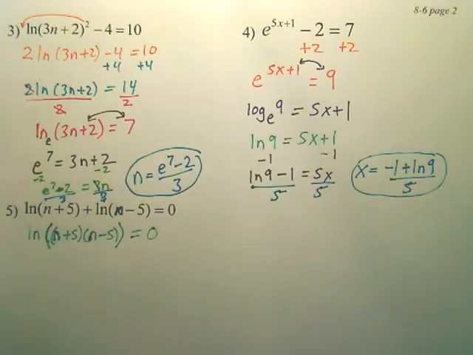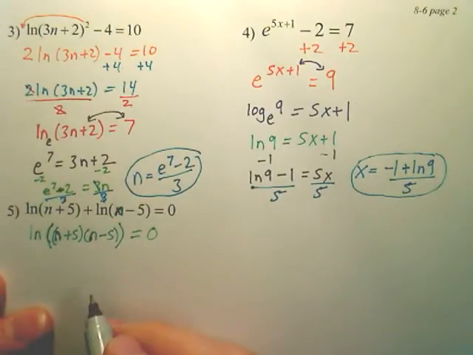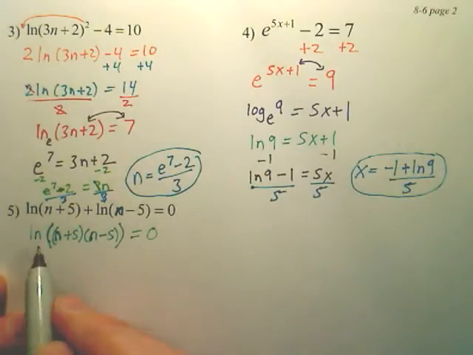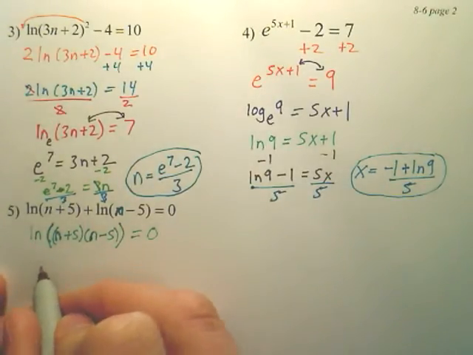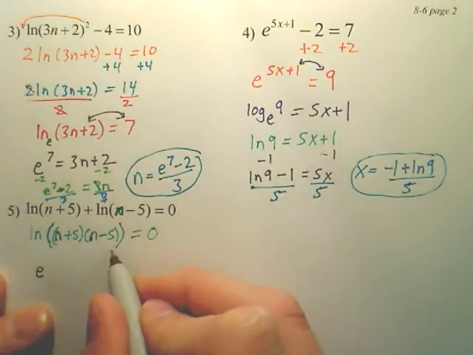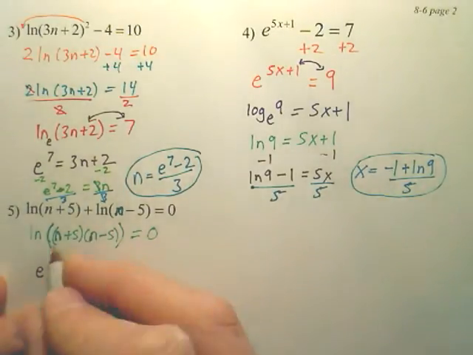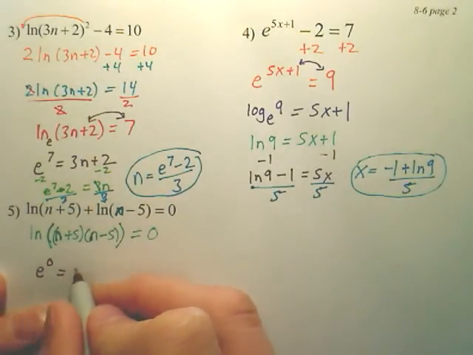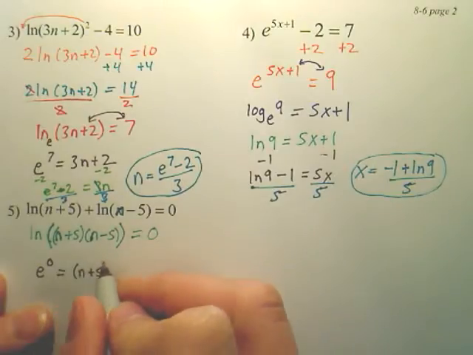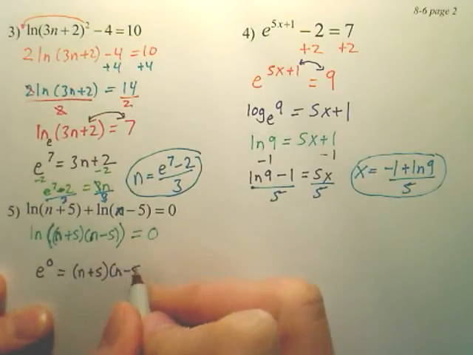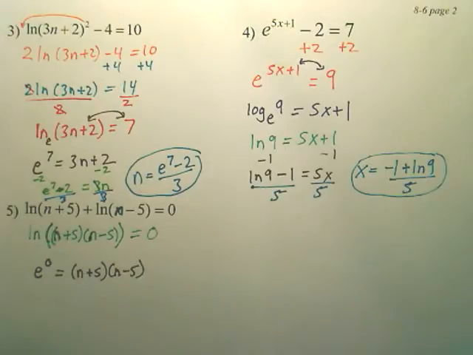Now if I want to solve this, you want to change this to an exponent. You know that's base e, so it's going to be e to the, and don't you switch these two? e to the 0 equals n plus 5, n minus 5.